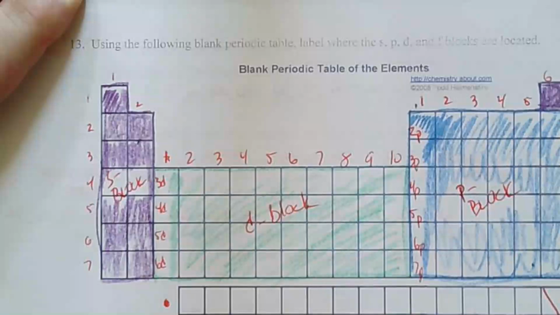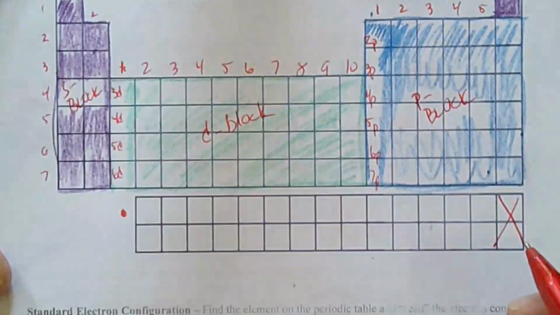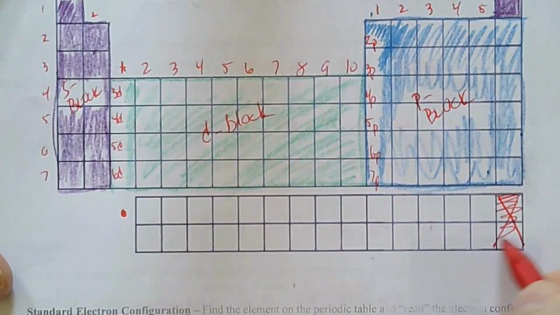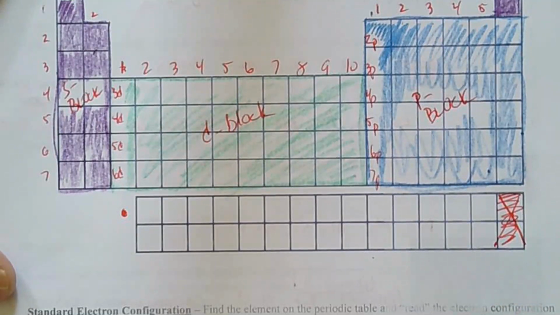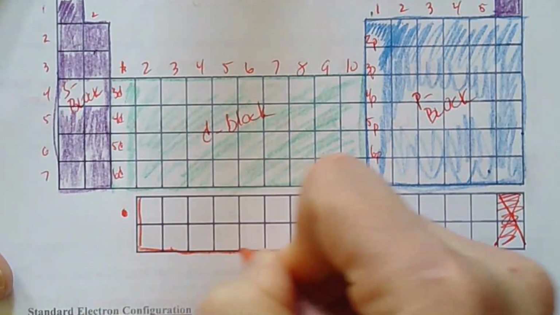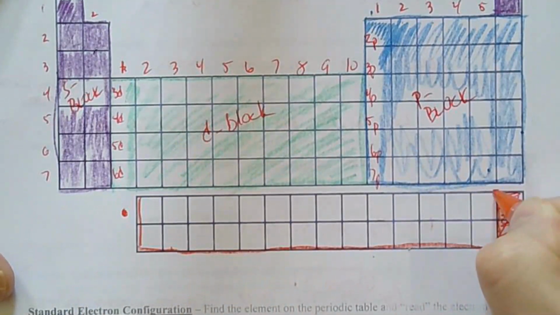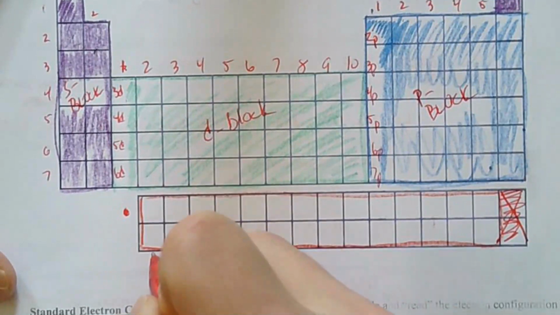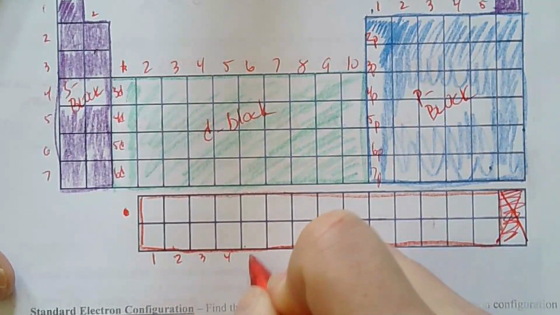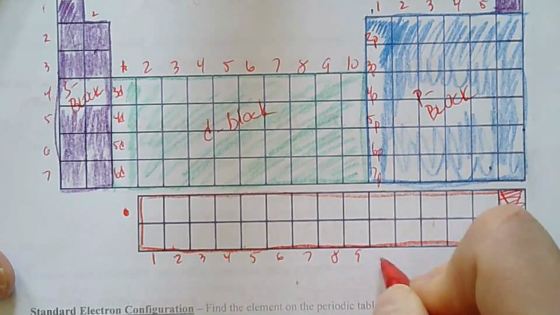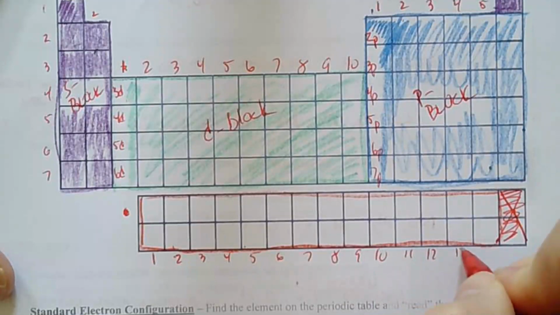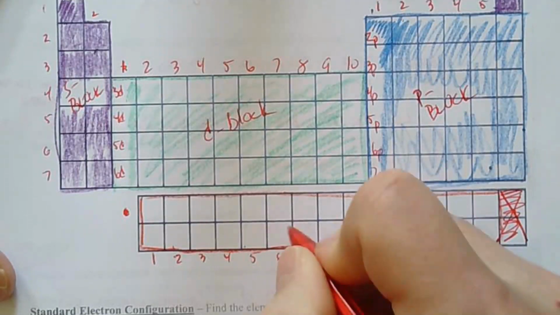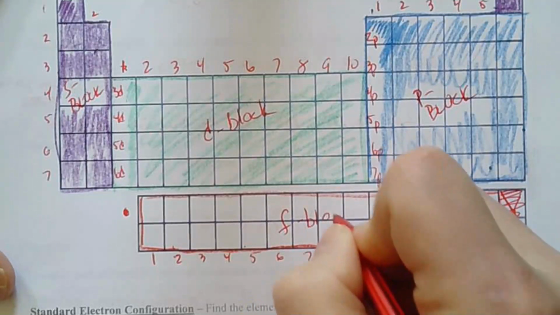Lastly, down here, I just have to cross out this last box. It shouldn't be there. And the only color I have left is orange. And if you were to count these, 1, 2, 3, 4, 5, 6, 7, 8, 9, 10, 11, 12, 13, and 14, lo and behold, this is the F block.